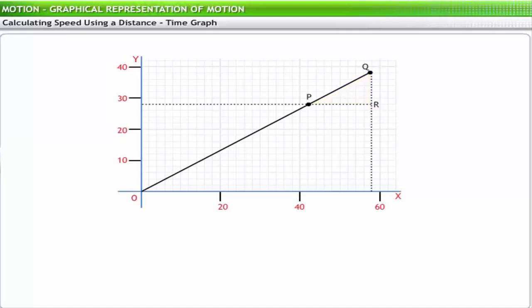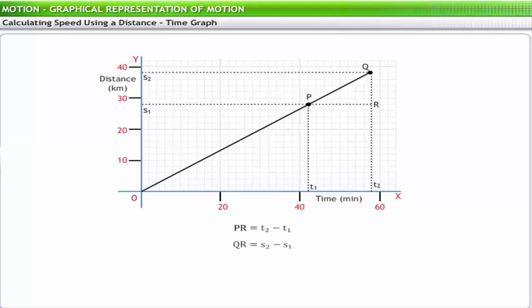On the graph, PR denotes the time interval, while QR corresponds to the distance. You can see from the graph that as the object moves in time interval t2 minus t1, the distance it covers is s2 minus s1. By definition, speed is the ratio of distance covered to the time taken in covering that distance.